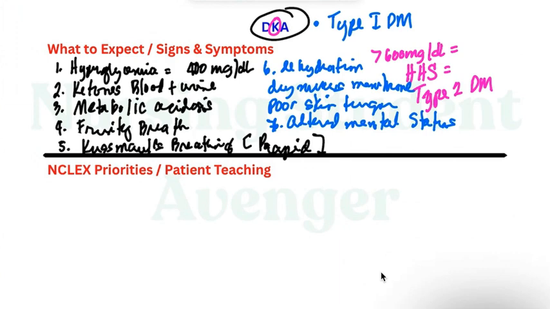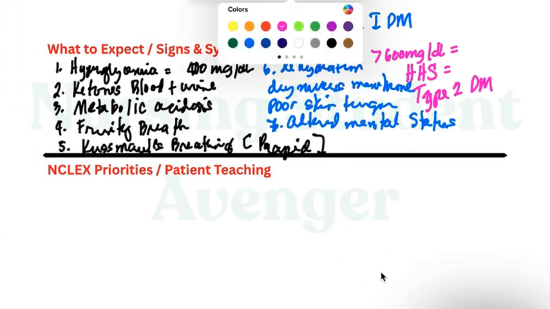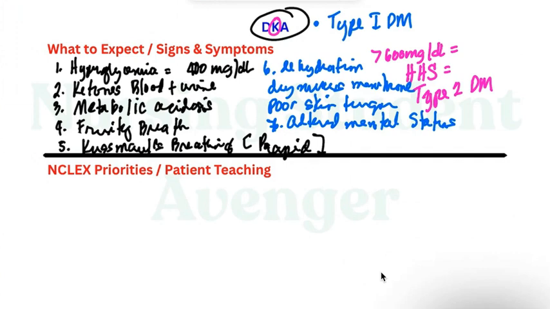These are potentially the questions they're gonna ask or put in the stem. Hyperglycemia is number 1, ketones, metabolic acidosis, and Kussmaul's breathing. Those are potentially the clinical manifestations that you're gonna be seeing with DKA in your NCLEX exam.